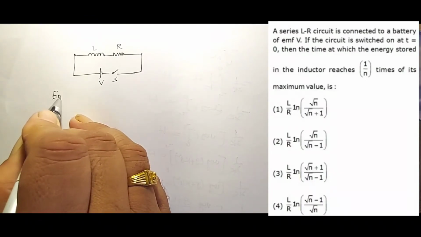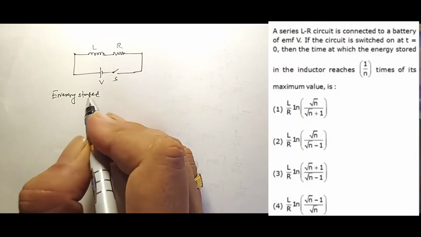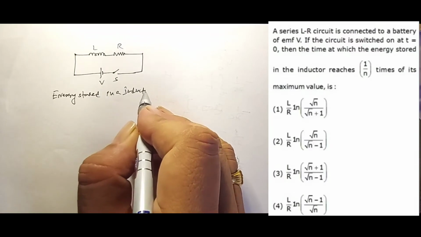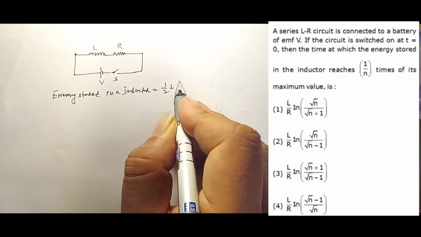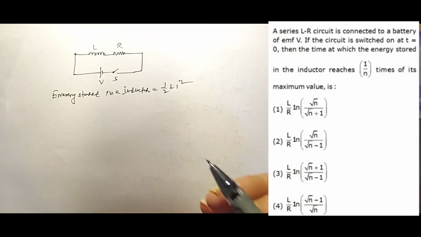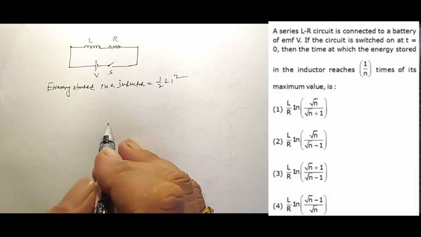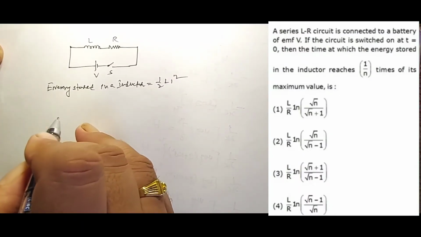The energy stored in an inductor, we know the formula is half L i square.